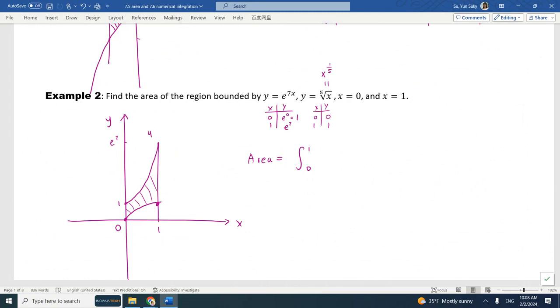So the upper function, y equals e to the 7x. So e to the 7x minus the lower function. Who's the lower function? Yeah, the fifth root of x. Let's put x to the 1/5 because in the next step we're going to integrate them, right? We want to get the standard form, then we integrate. What is the integral of e to the 7x?